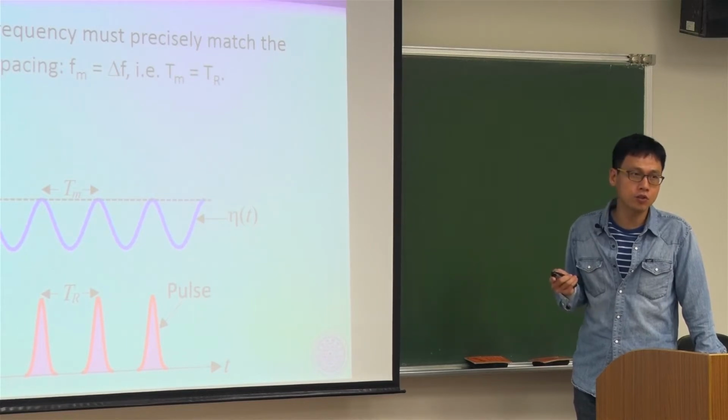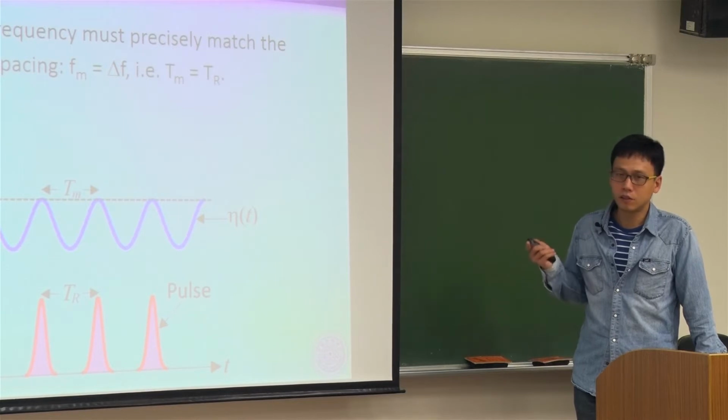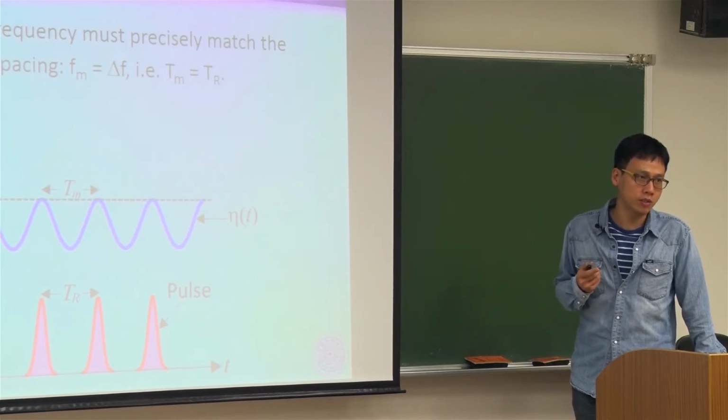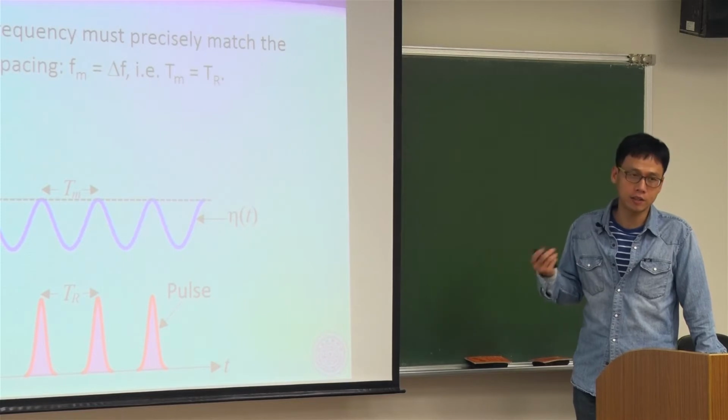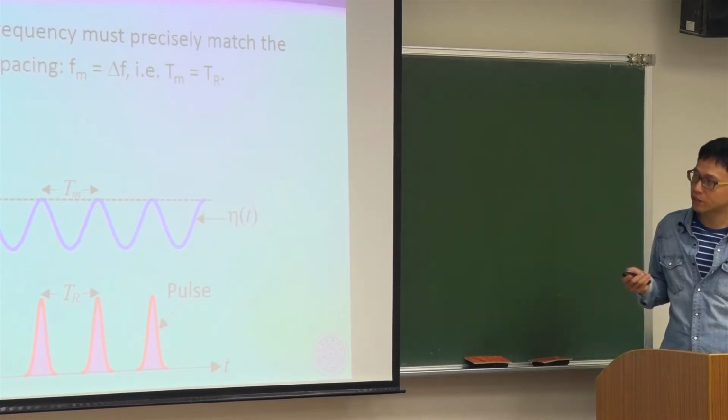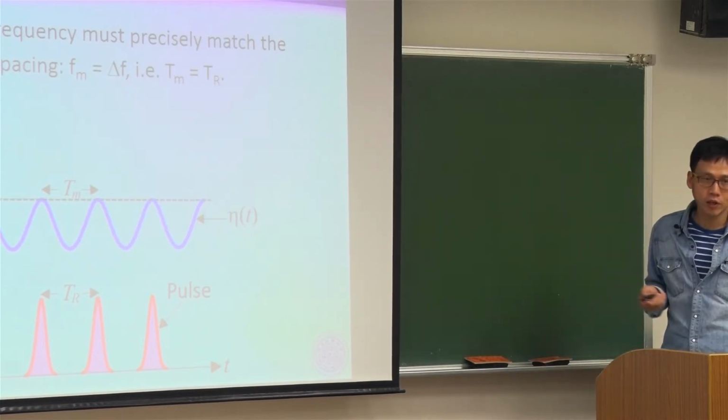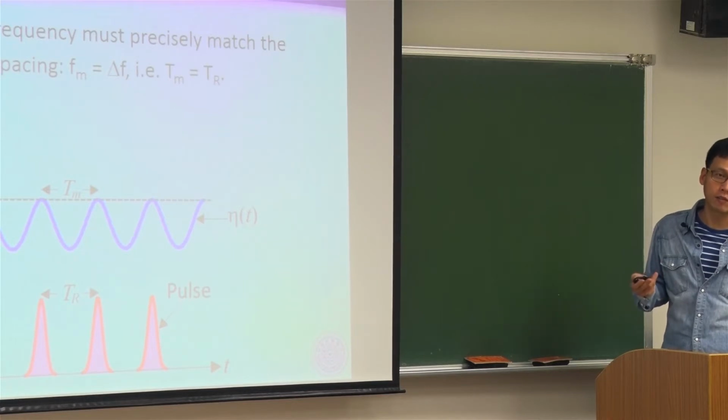However, this is usually a tedious task because they are 2 independent parameters, right? If you drive your modulator with the modulation frequency, you rely on an electronic driver. But the pulse train is up to the laser cavity.